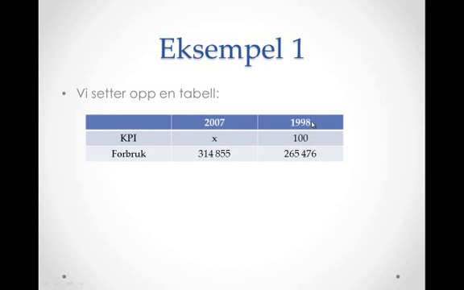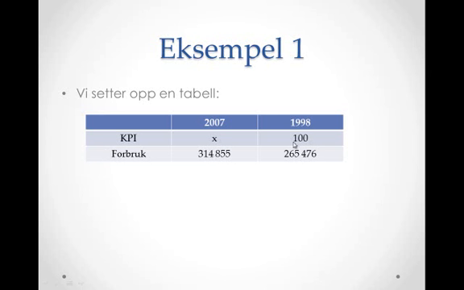The other year in our exercise was 1998, so that is what I'm going to write on top of the other column. And I write consumption in the last row, forbruk. That's where we wrote price in the examples with indexes.